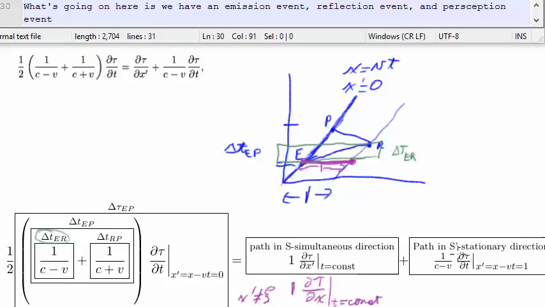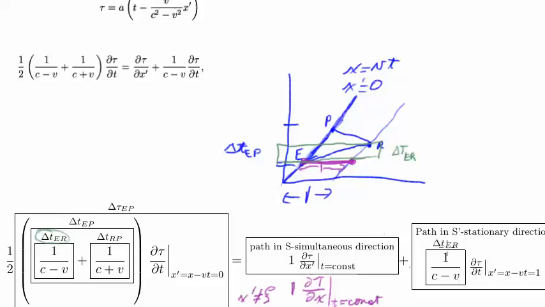And I should have put that in a box. There we go. That's the time between emission and reflection of this signal here in the K frame, or the capital K frame. So del tau is going to be in the lowercase k frame. So it's how much tau changes over this path plus how much tau changes over this path. That's what this calculation is doing. How much tau changes through space, and then how much tau changes over time.